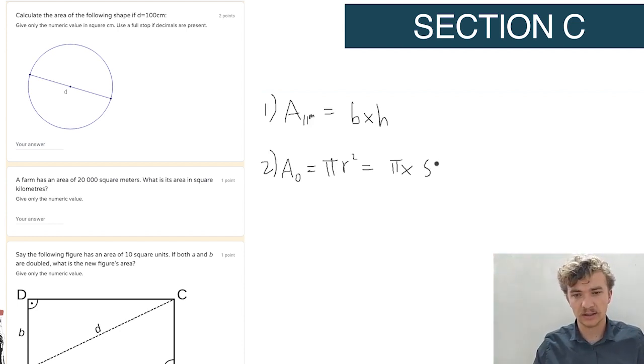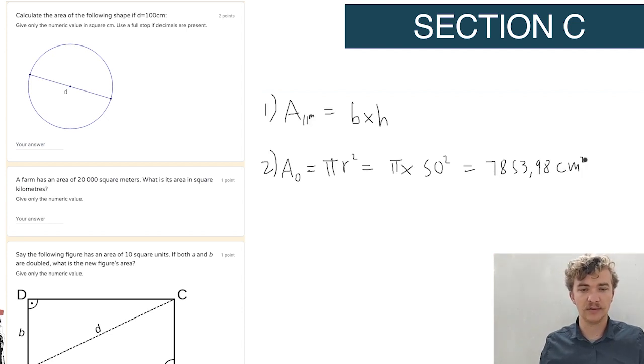So then the radius is 50 centimeters squared, and then you just type that into your calculator and you'll get the area as 7853.98 square centimeters.